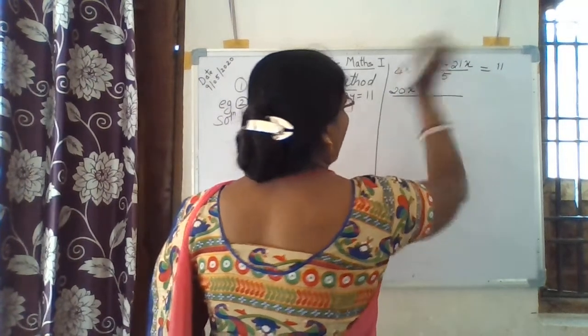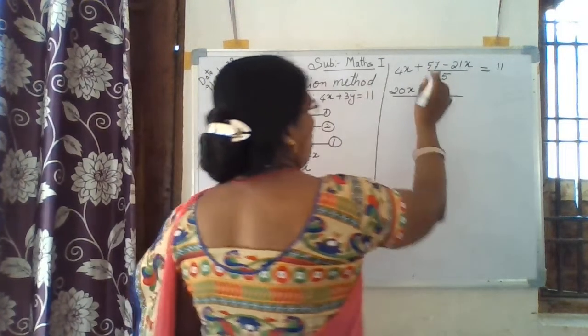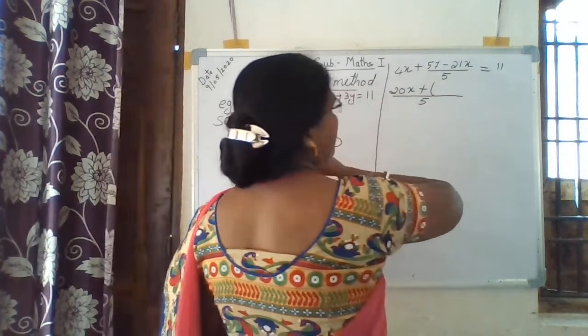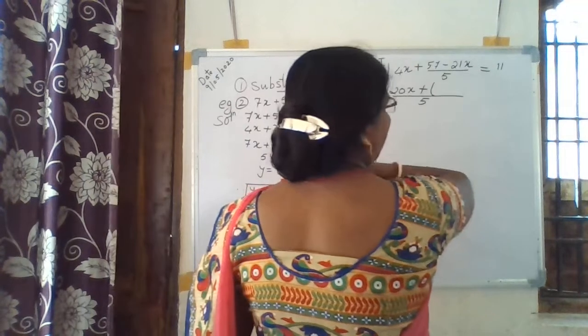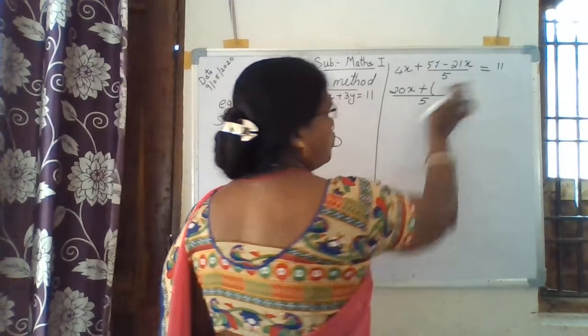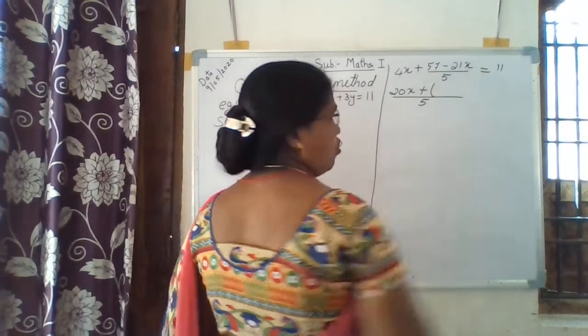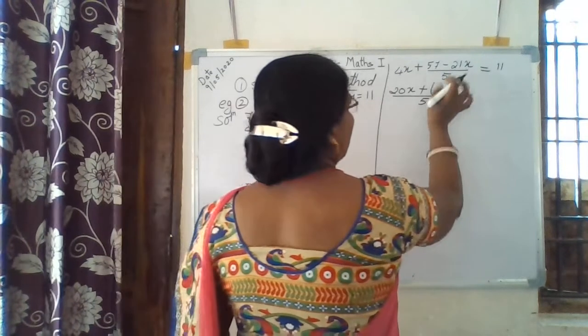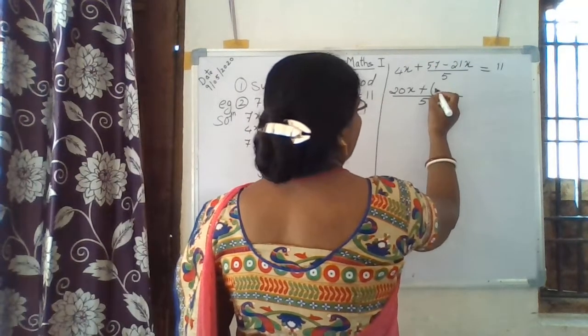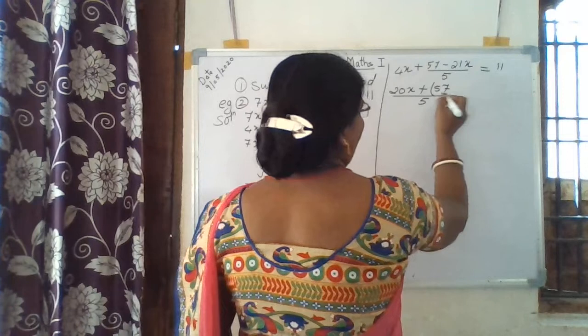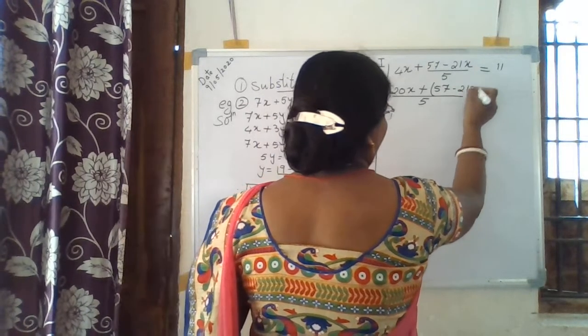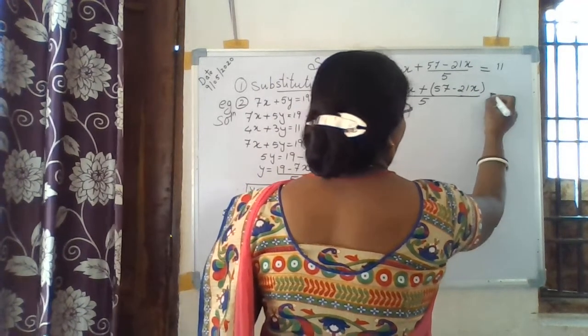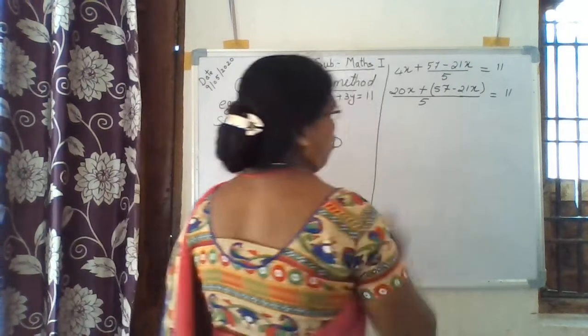Now we can directly write, or we can put the bracket. If a minus sign is there, then if you don't put the bracket, everything goes wrong. So therefore always put this second term in the bracket: 270 minus 21x is equal to 55 in this form.